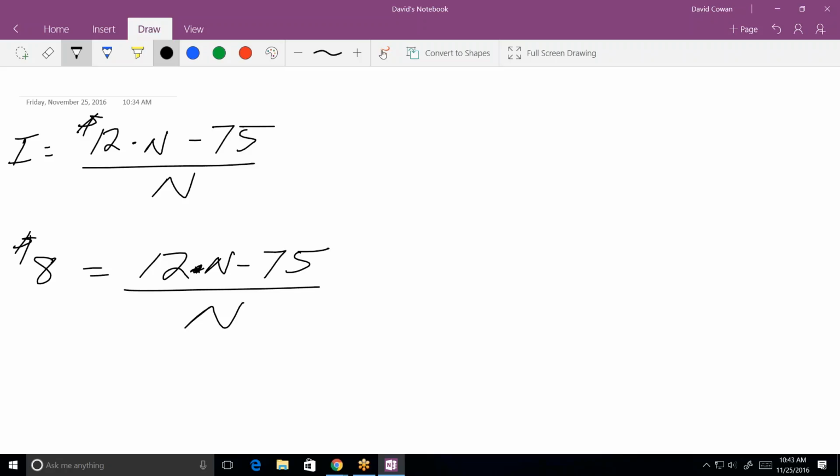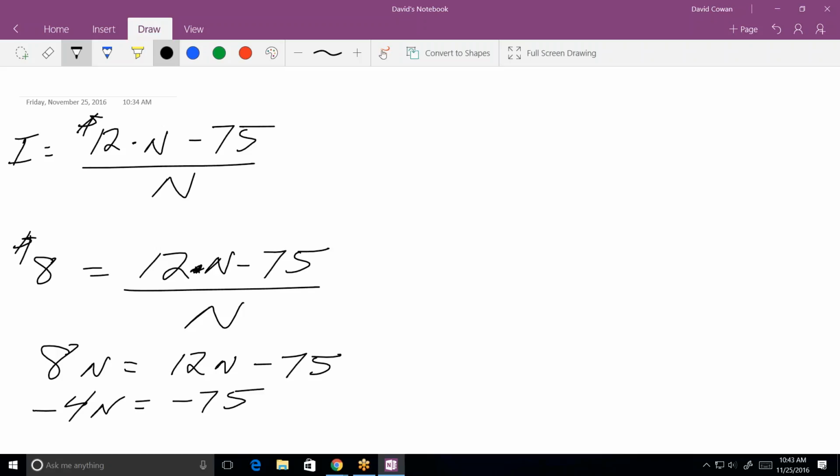First, we'll multiply both sides by N. And then subtract 12N from both sides. And then divide by -4.